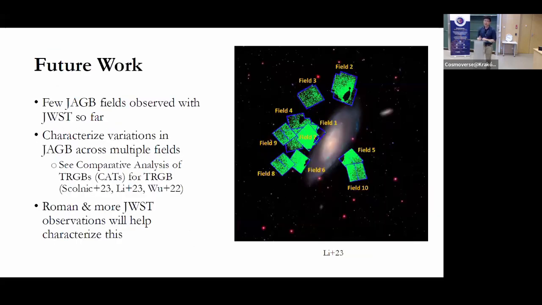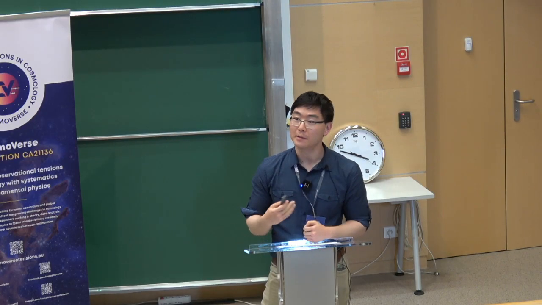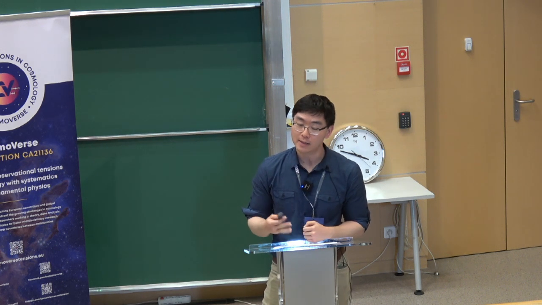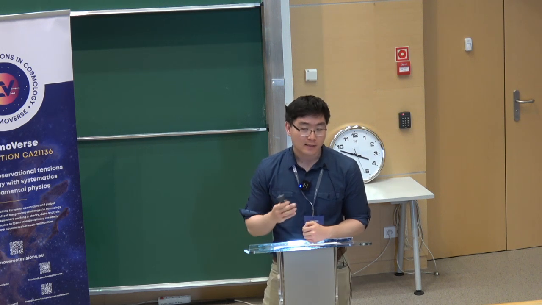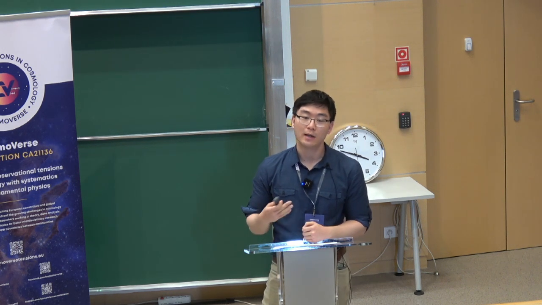Another very important thing, I think, is to really look into the field-to-field variations of the JAGB. Unfortunately, with JWST, we really don't have enough fields to fully characterize this, but it'll be very important to understand where this field-to-field variation comes from.